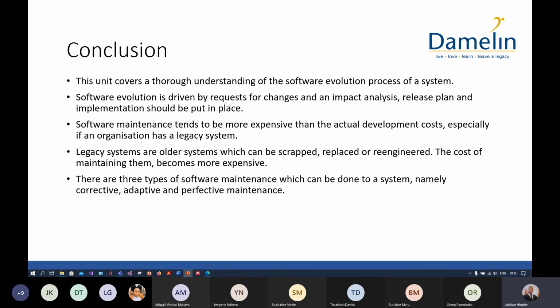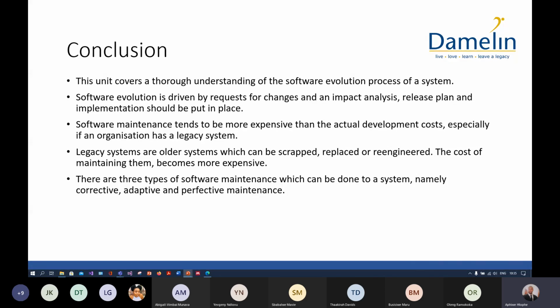So in conclusion, this unit covers a thorough understanding of the software evolution process of the system. And we said software evolution is driven by requests for changes, and an impact analysis, release plan, and implementation to be put in place. Software maintenance tends to be more expensive than the actual development costs, especially if an organization has a legacy system.